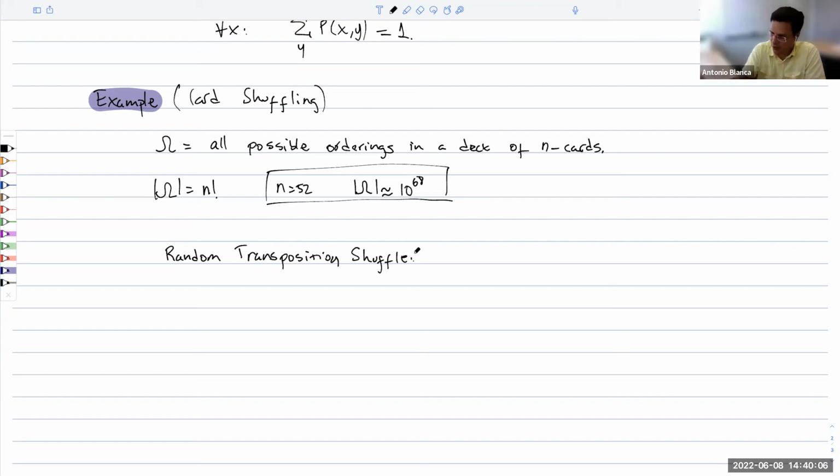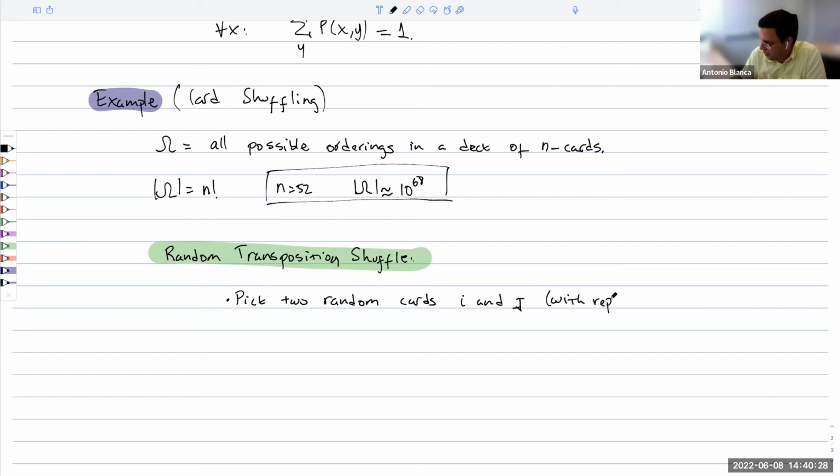So that's a Markov chain. Let me write it here. Pick 2 random cards I and J with replacement, which means you can pick I twice.